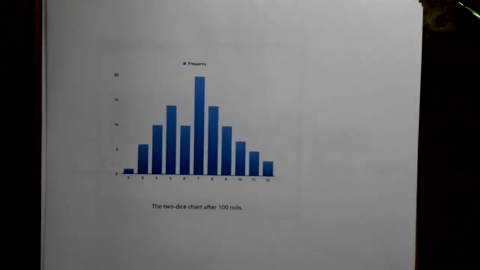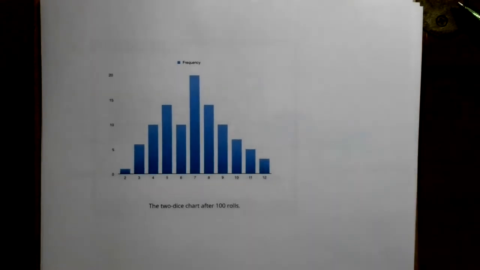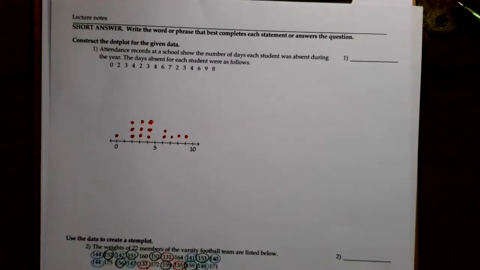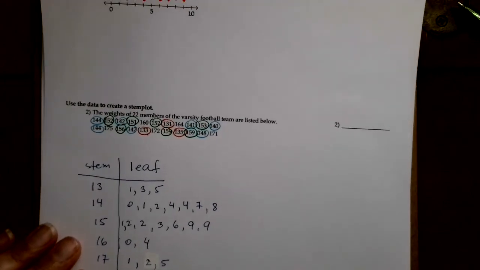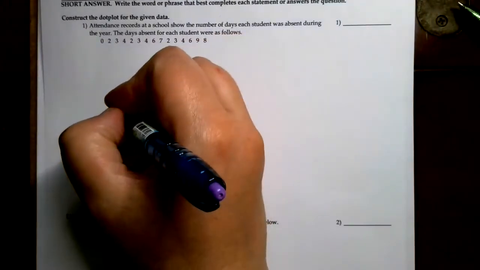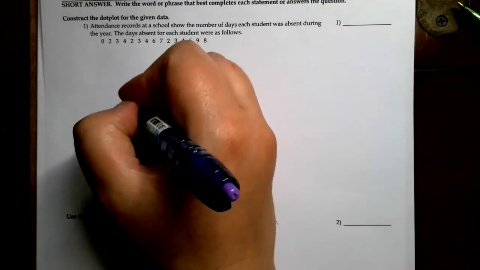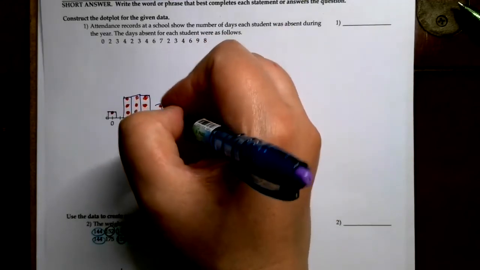All right, so far we've been looking at different displays for distributions, so different types of graphs. We've been looking at a bar graph, histogram, dot plots, and also stem and leaf plots. And those dot plots could also be turned into bar charts, or histograms, if we were to extend bars like this.